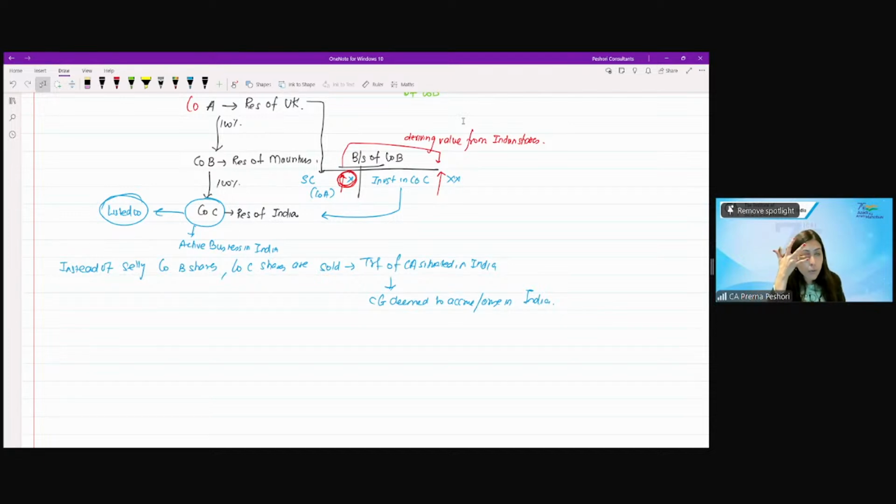Before Vodafone, this telecom license was held by Hutch. I'm not sure if you've ever seen the Hutch cards. So Hutch sold its Indian business by way of selling the Mauritius company to Vodafone UK.